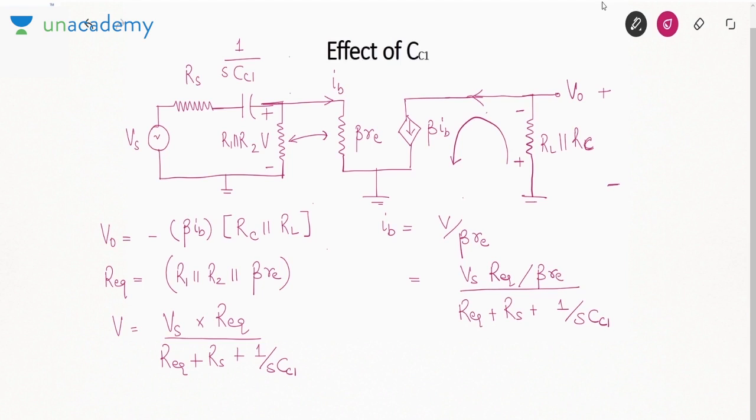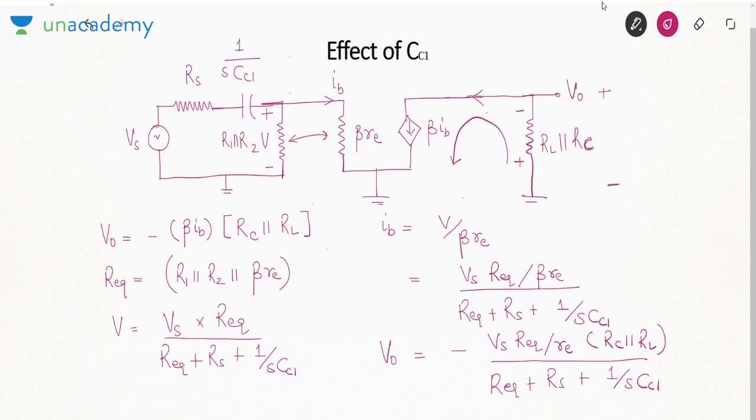If you substitute this value in V0, what you will get? Minus beta IB, beta will get cancelled. Vs R equivalent by RE into RC parallel RL by R equivalent plus Rs plus 1 by SCC1.